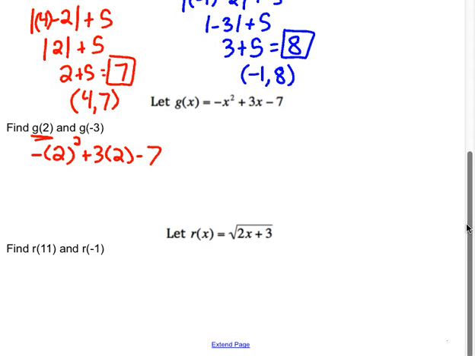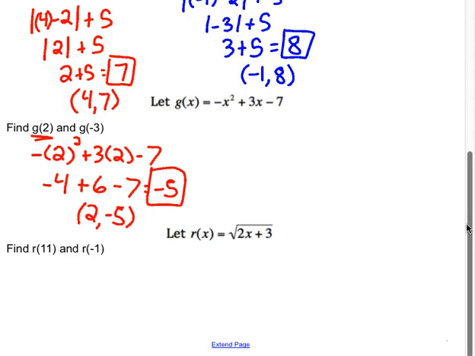So for that first one, I have a 2 squared, which is 4, and then the negative turns it negative. 3 times 2 is 6, then a minus 7. So negative 4 plus 6 is 2, minus 7 is negative 5. So again, if I ask you to write this as a point, when I have an x value of 2, my y value is negative 5. That is what this thing equals, negative 5.